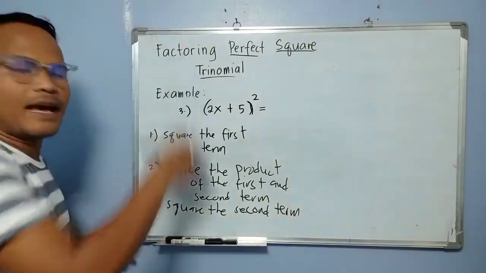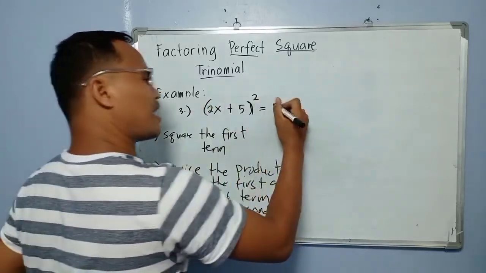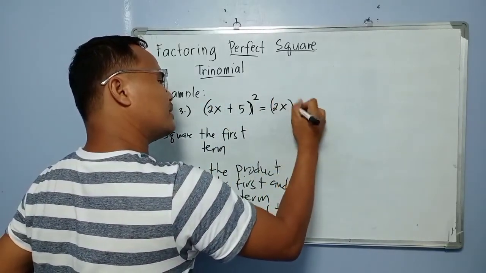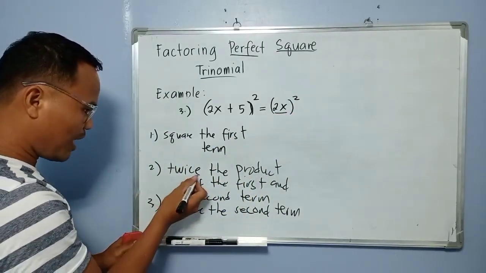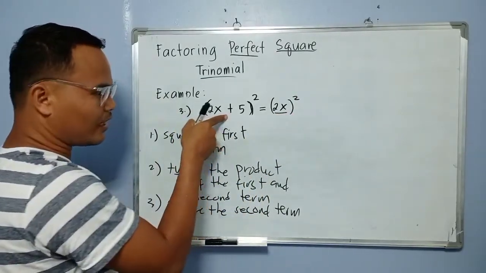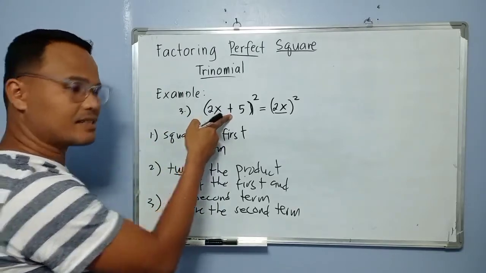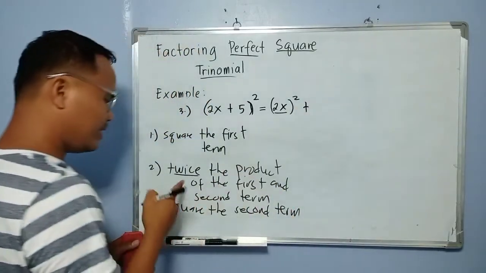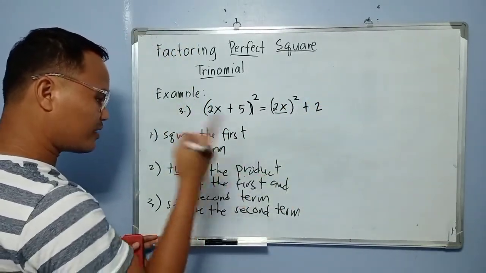Okay, so let us follow these steps. First one is square the first term. The first term is 2x, so we have 2x quantity squared. 2x is our first term. And then twice. Again, do not forget to determine the operation here. The operation is plus, so we have here plus. Then twice, copy 2, product of the first and the second term.